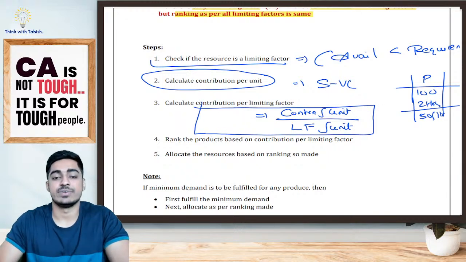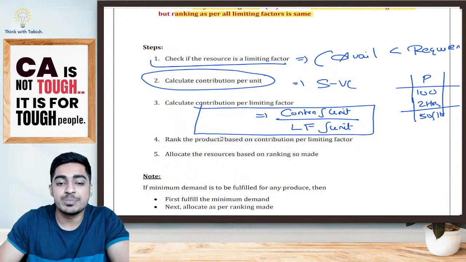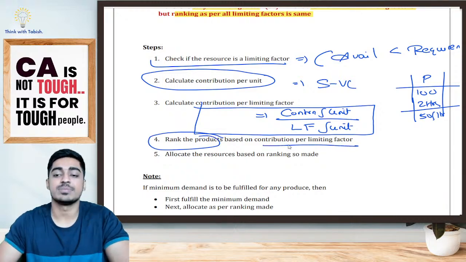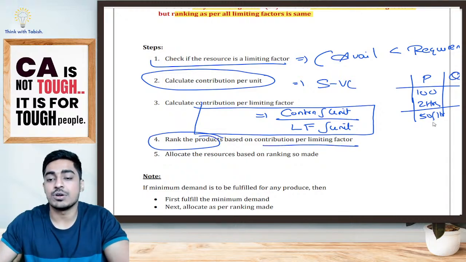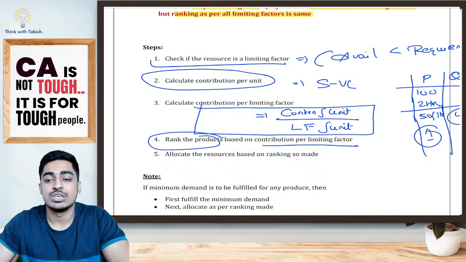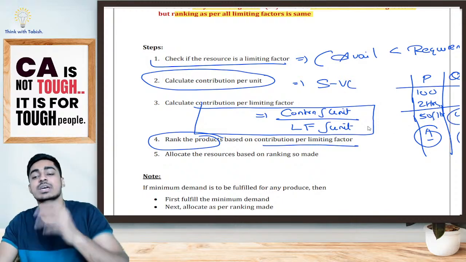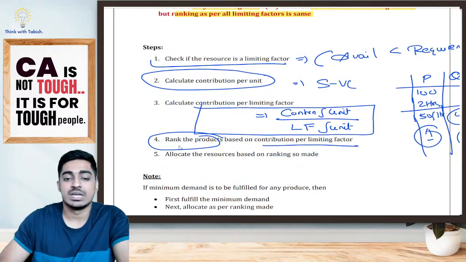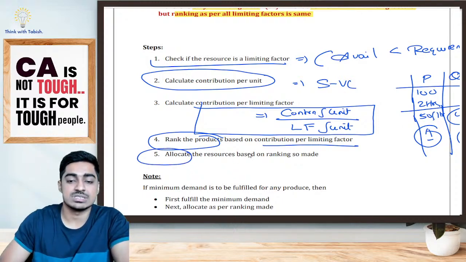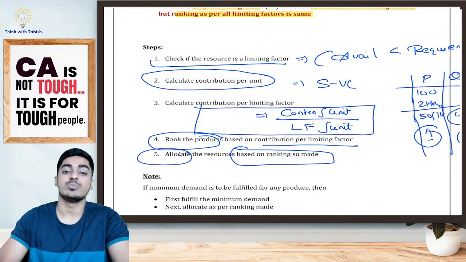Next, we rank the products based on contribution per limiting factor. Suppose P contribution per labor hour is 50, Q contribution per labor hour is 40. Which is best? We'll tell P is best, first priority we give to P, Q is second priority. So first we produce maximum P, then for the balance hours we produce Q. We will allocate the resources based on the ranking so made.